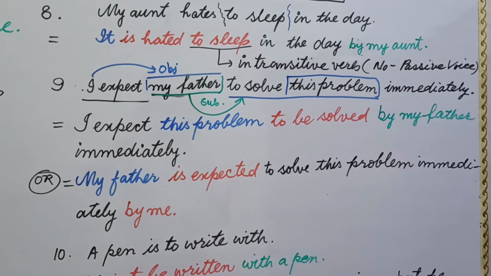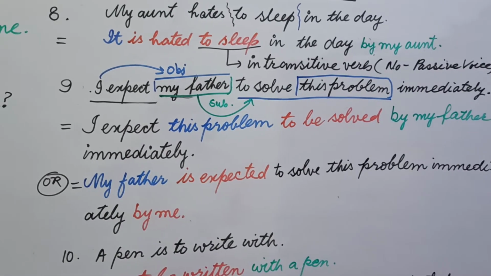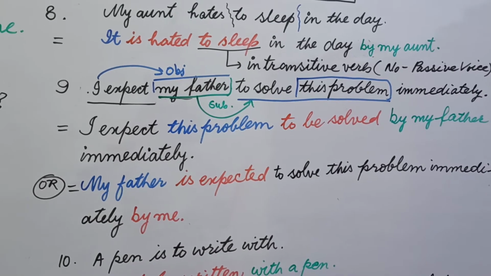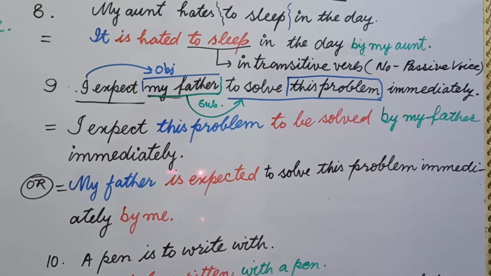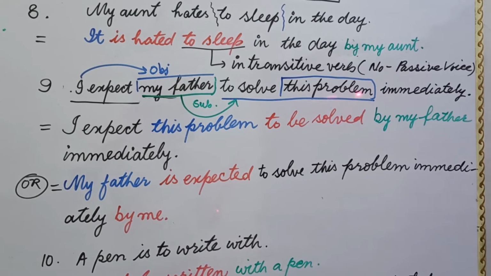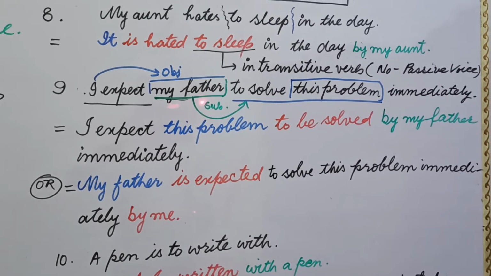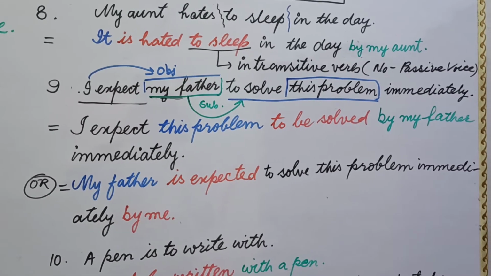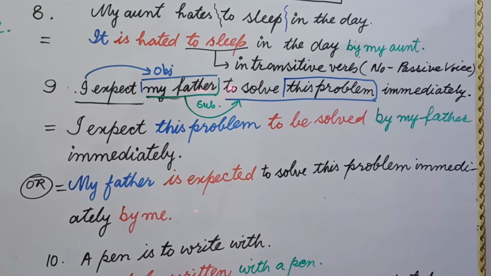Now let's begin. This may prove to be the most complicated sentence, but actually it is not the most complicated, it's just a matter of understanding. I expect my father to solve this problem immediately. Now you see, my father is an object of "expect", and my father is a subject of "to solve".